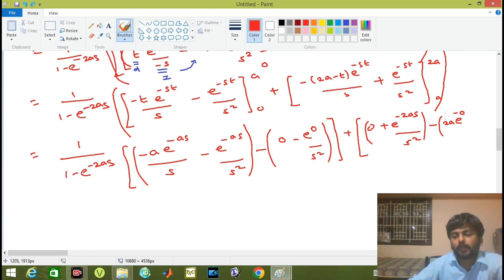See, actually you are substituting 2a minus a. So 2a minus a will become a, e power minus as by s, then a e power minus as by s, then you are having this plus e power minus as by s square.